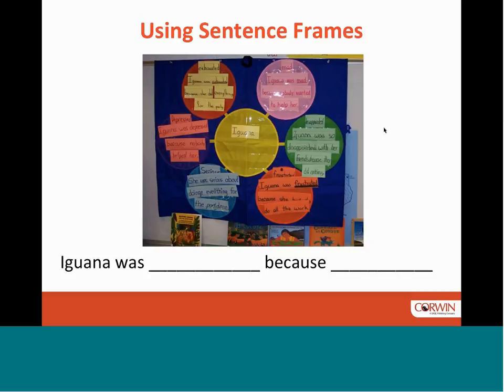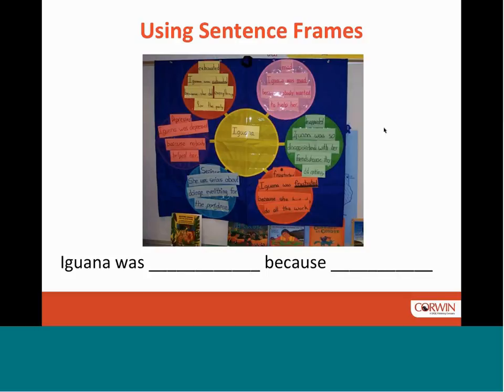And she asked the students to take the sentence frame, and with the sentence frame to create a sentence that related to the story. So students wrote things like, "Iguana was disappointed, so disappointed, with her friends because they did nothing." Or "Iguana was exhausted because she had to do all the work."